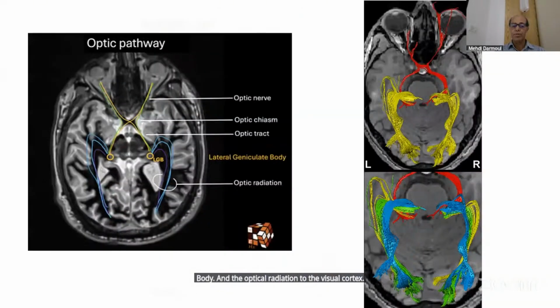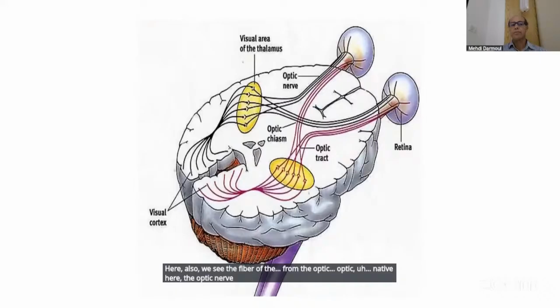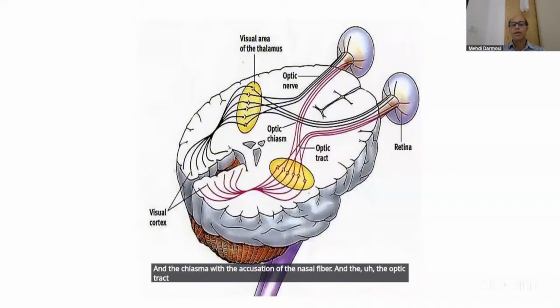Here also we see the fiber from the optic nerve, coming from the posterior part of the eyeball, and the chiasma with decussation of the nasal fiber, and here the optic tract and the lateral geniculate body.